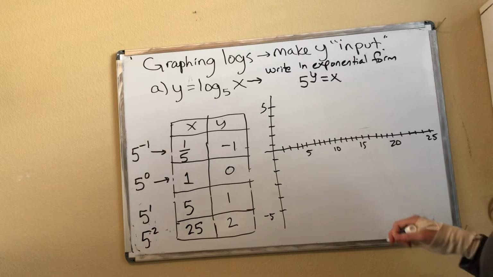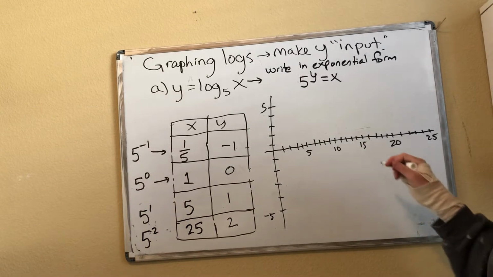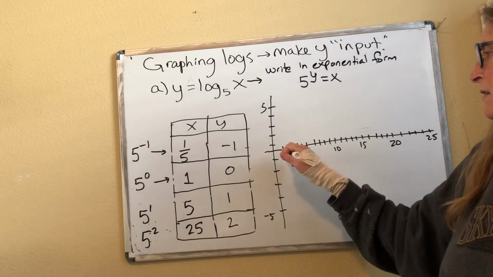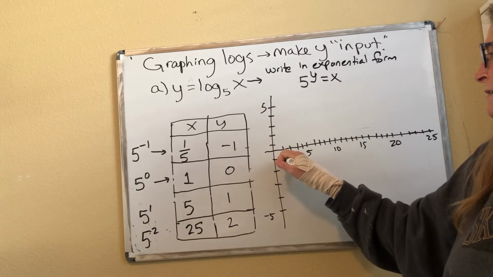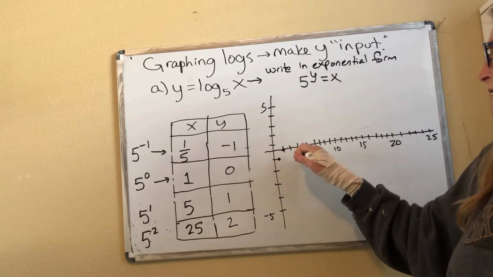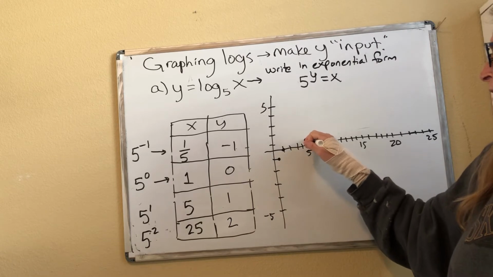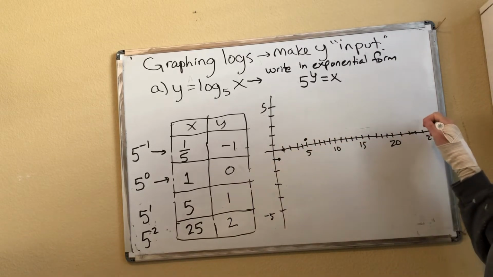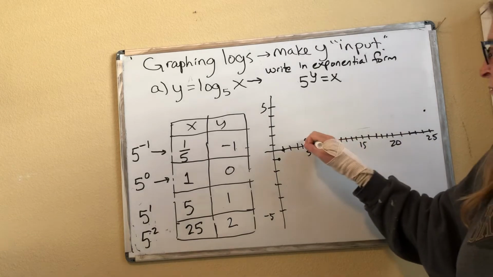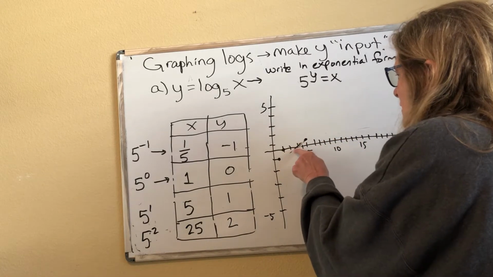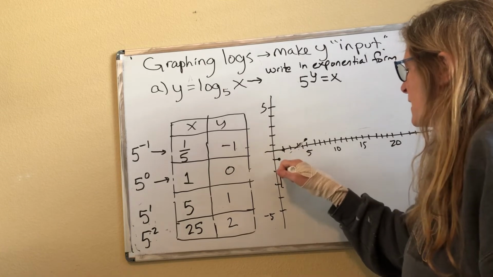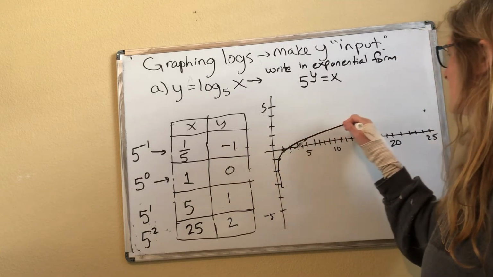So let's see what a log looks like when I graph it. I'm going to have (1/5, -1), (1, 0), (5, 1), and (25, 2). If you notice here, guys, sorry, my hand doesn't make it easy for me to graph these things.